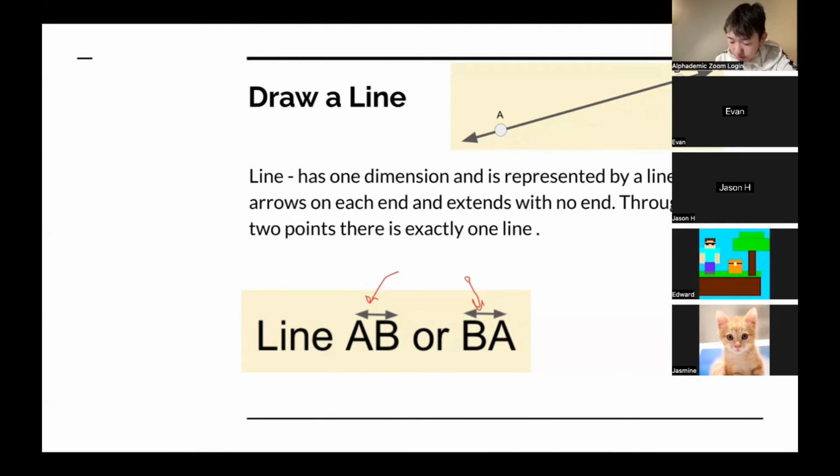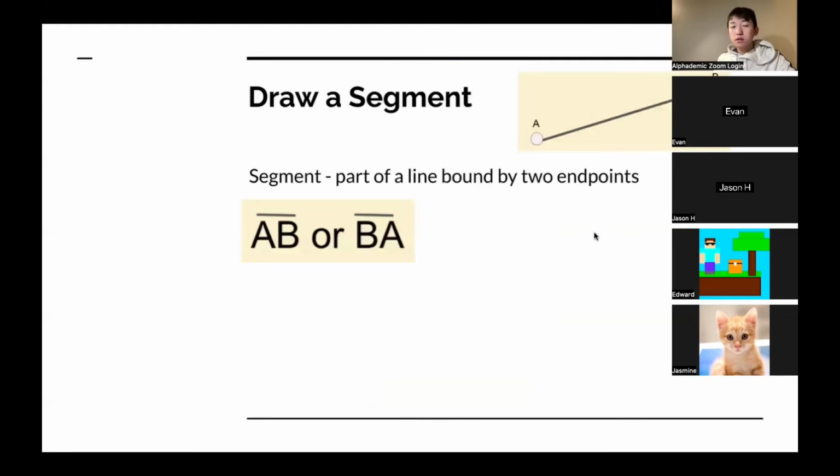Remember, it's 2 points like A and B, or C and D. It can be anything, but remember it has the double arrows on the top. That's what signifies that it is a line. Does anyone have any questions? All right, I will keep on going.